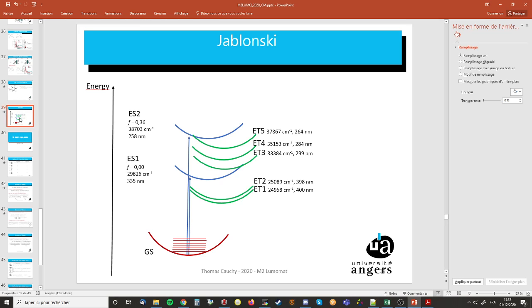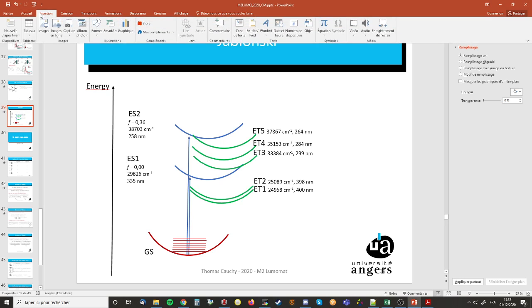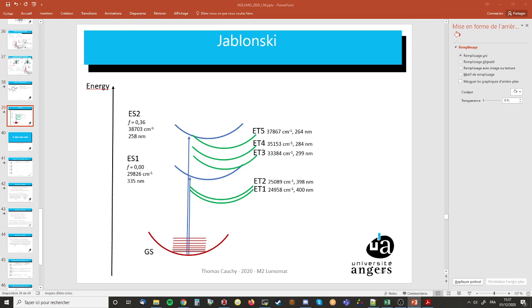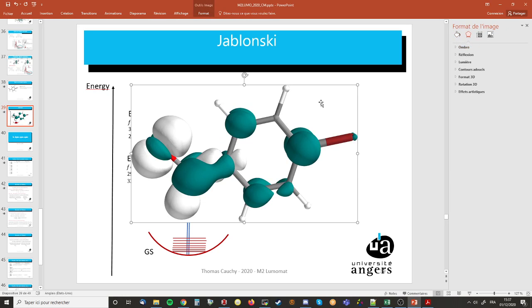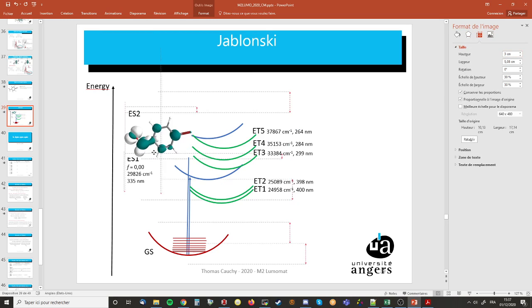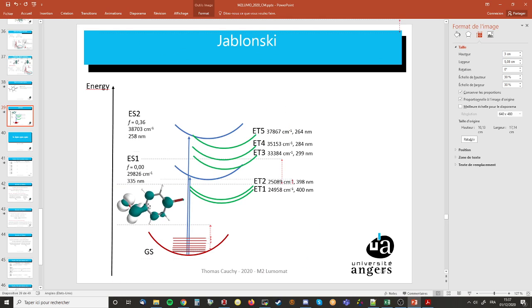If we add the EDD, that means that I will insert the electronic densities. S1. Not so big, please. Three. Okay.